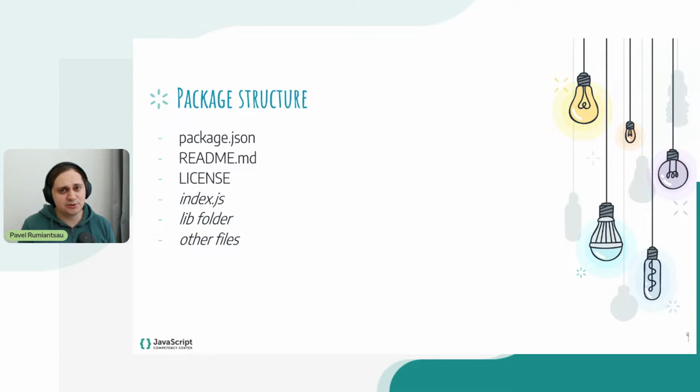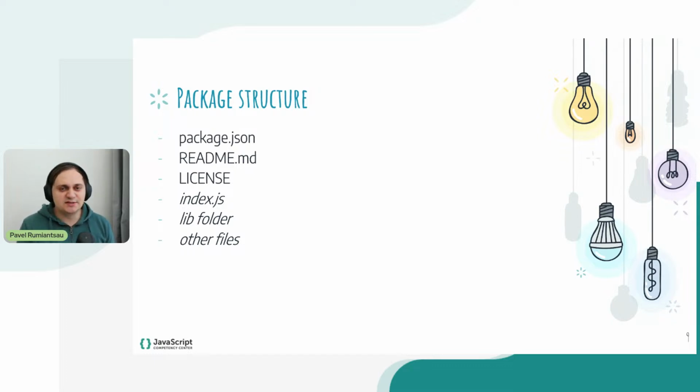The third part, which we usually forget about, but is still very important, is a license. We do need to have some information about our license. We need to know whether everyone can use this package or whether someone can change it somehow and so on.